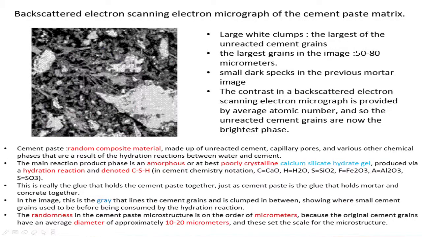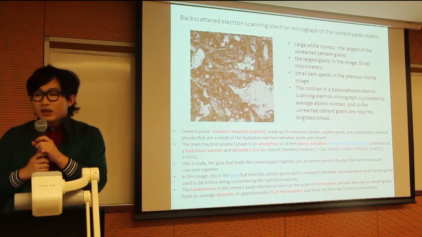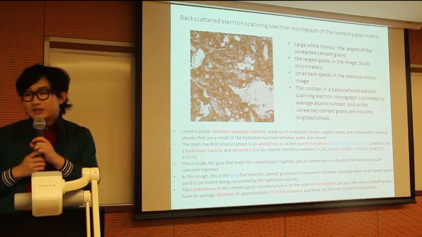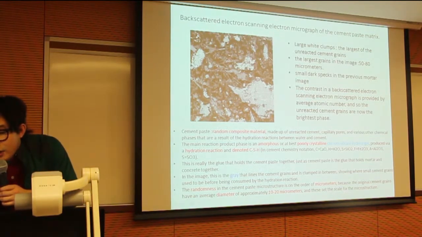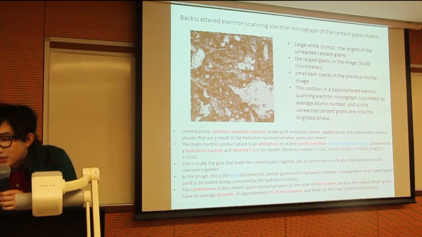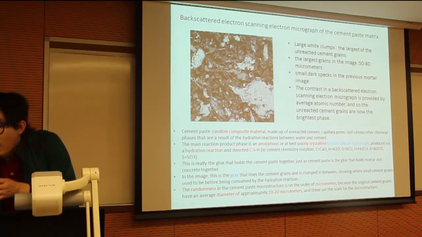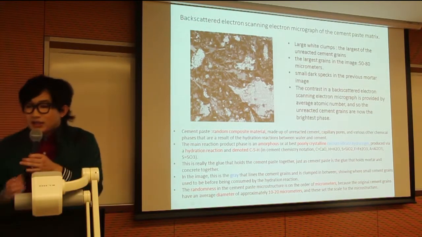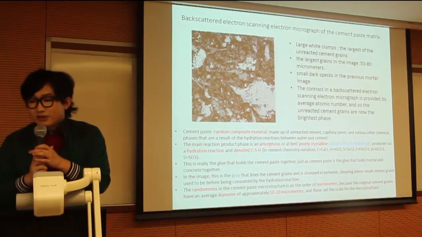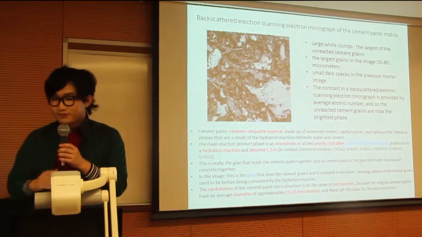Now we move on to the lower left image in the previous four figures. It is a backscattered electron scanning electron micrograph of the cement paste matrix. From the picture, you can see there are some large white clumps. Actually, these are the largest of the unreacted cement grains, and the largest grains in the image are around 50 to 80 micrometers.